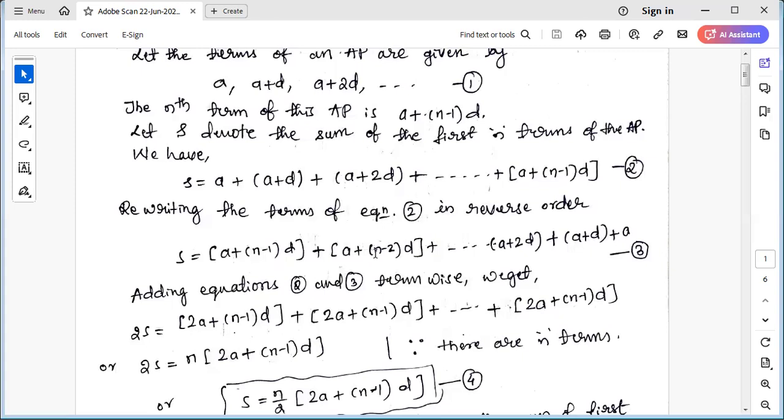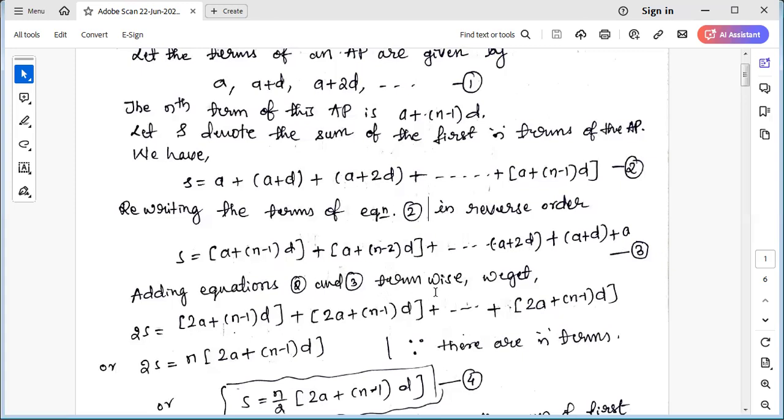So that is a plus n minus 2 into d is the next term, plus and so on. Then the starting terms come, here they are a plus 2d plus a plus d and plus a, like this. So this is equation 3.